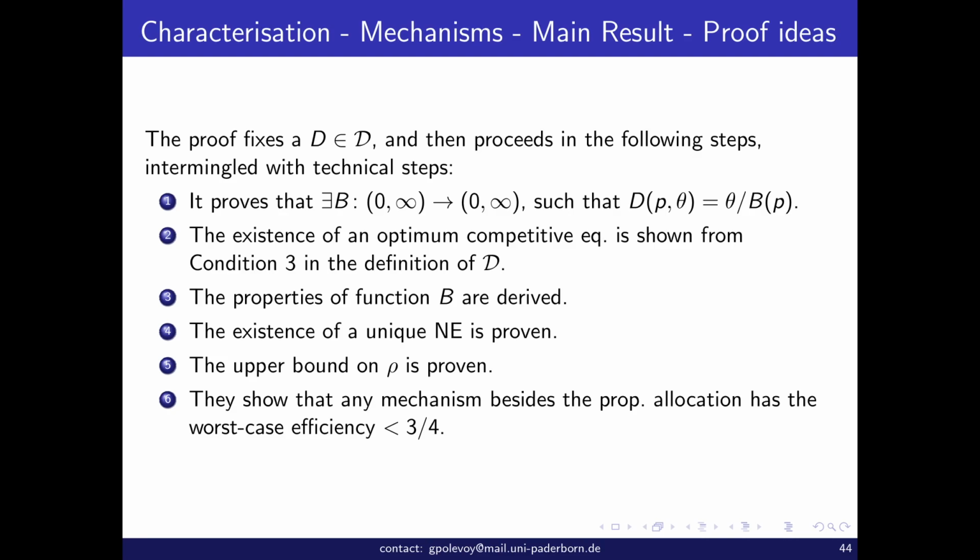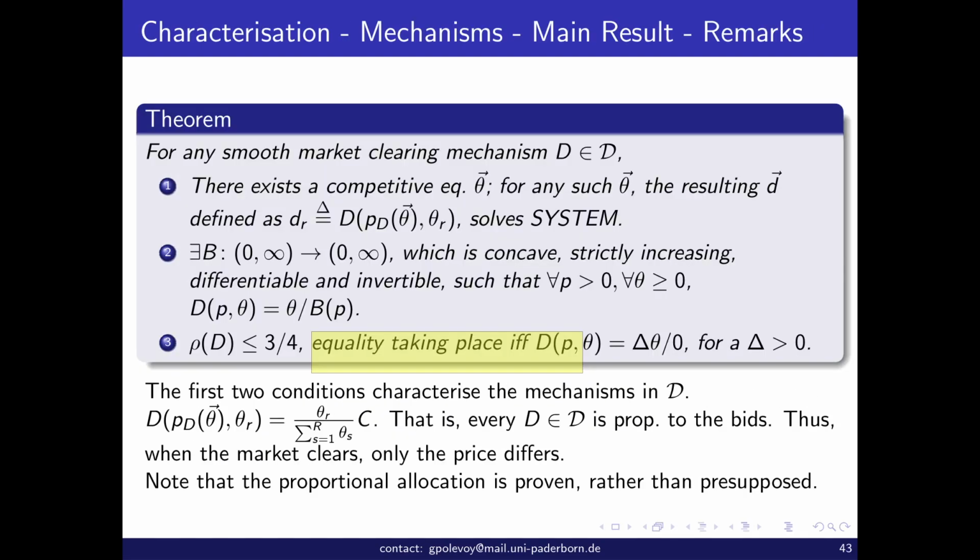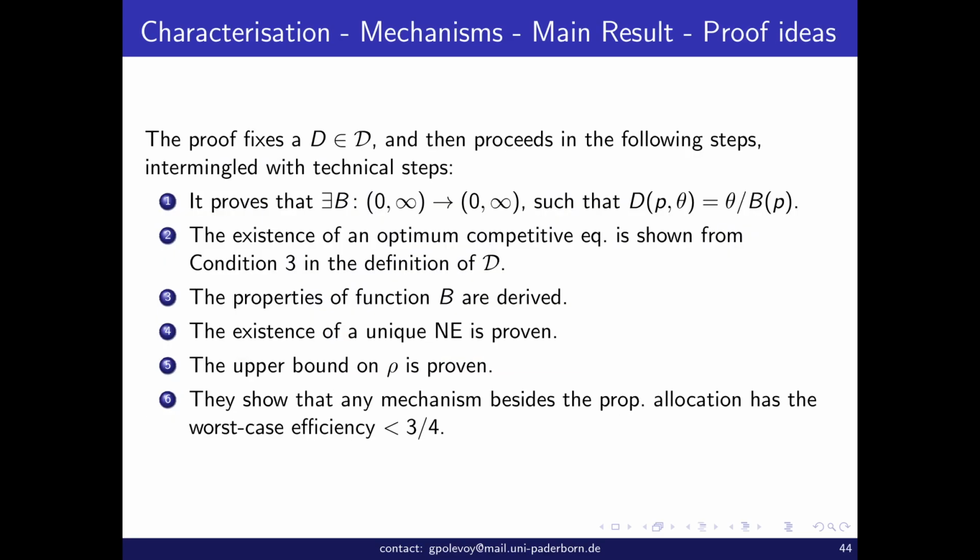Now, the proof fixes a D. We call D a market clearing mechanism. So the proof fixes a market clearing mechanism, and then proceeds in the following steps. Actually, it has several other steps, which are just technical. I'll at least mention them, but those are the main steps.